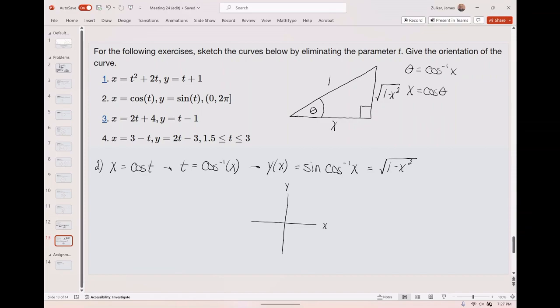Oh, you don't recognize that. It's a shape you may want to recognize. It's going to be very important. That's a semicircle. Specifically, it's the upper semicircle of radius 1.